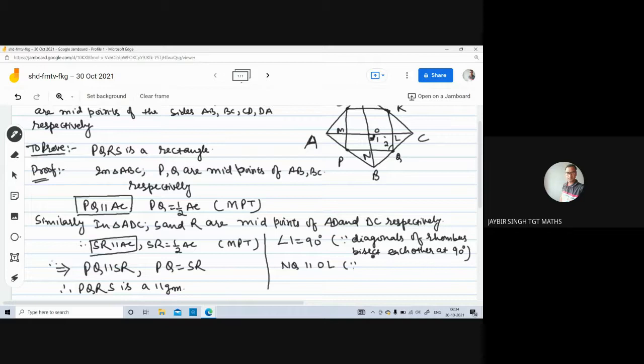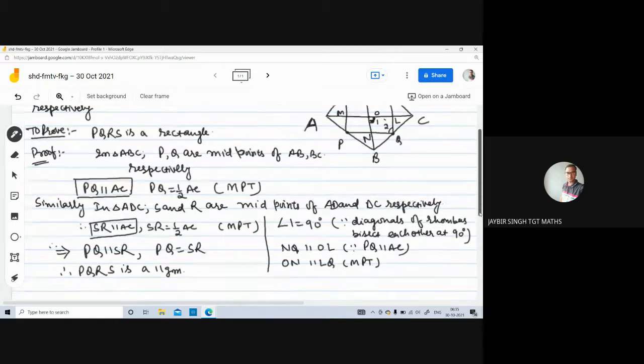Why? Because PQ was parallel to AC and NQ is part of this, and this ON will be parallel to LQ. ON will be parallel to LQ. This is by midpoint theorem.